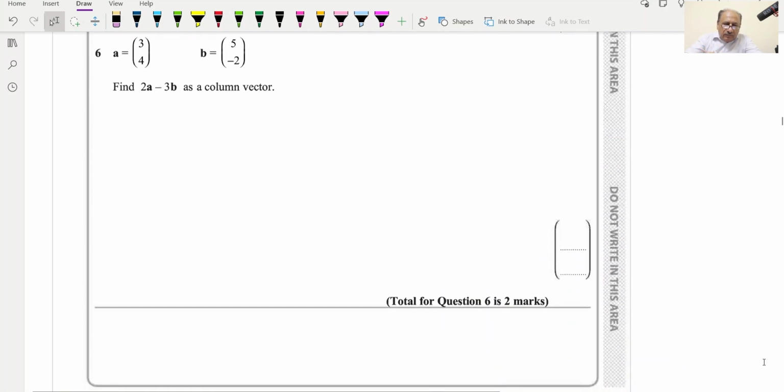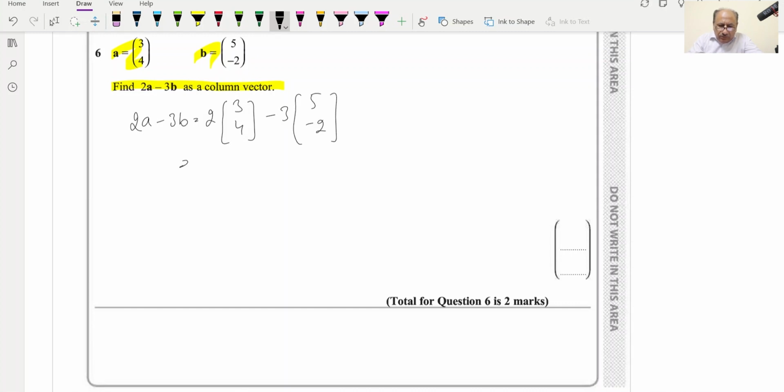Now question number 6. Matrices A and B are provided. A is this one, B is this one. Find 2A minus 3B as a column vector. So 2A minus 3B: we write 2 into A, and minus 3 into B, which is 5 and minus 2, and this one we can write as 6 and 8.